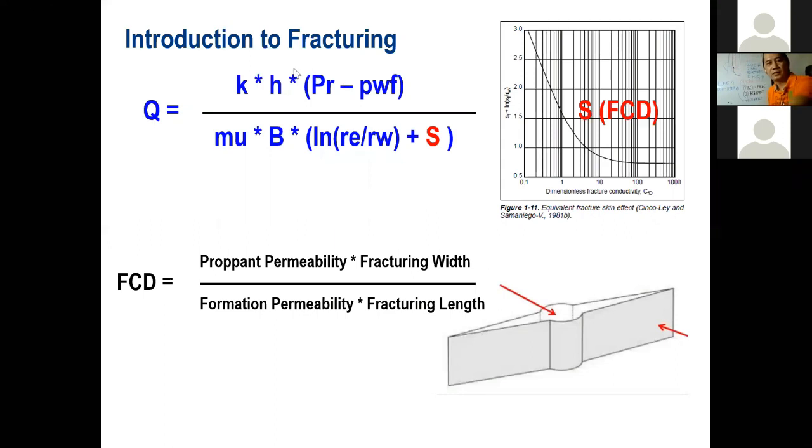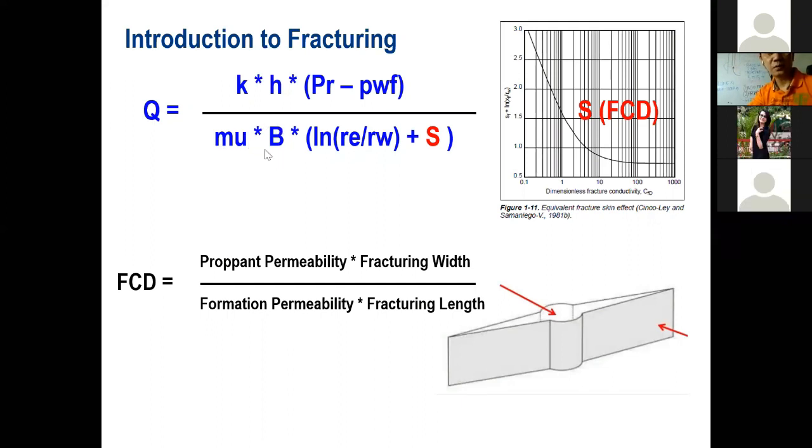This is multiplied with the reservoir pressure, which is the pressure inside the reservoir that pushes the fluid to the wellbore, minus PWF, the bottom hole flowing pressure, divided by mu. Mu is your reservoir fluid viscosity. B is the formation volume factor, and ln RE over RW plus skin.